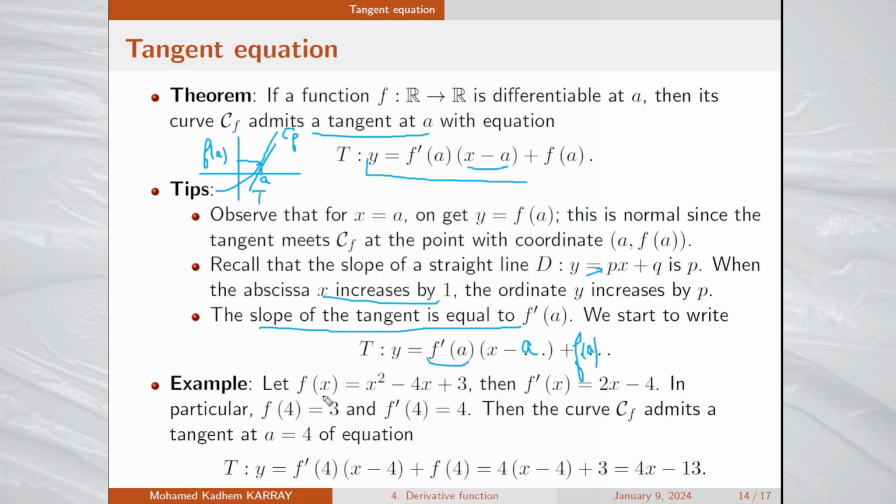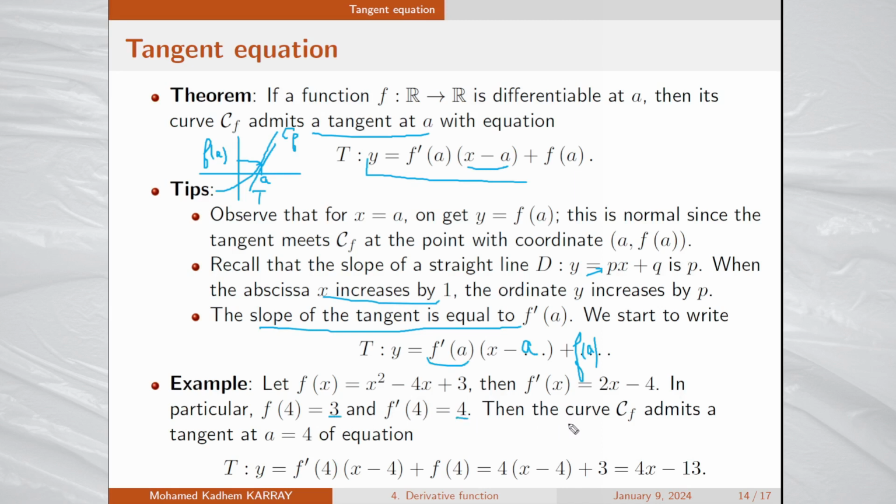Let's apply this result to this function here, which is a polynomial. Its derivative equals 2 multiplied by x minus 4. And in particular, for the point 4, f takes the value 3, and the derivative equals 4.